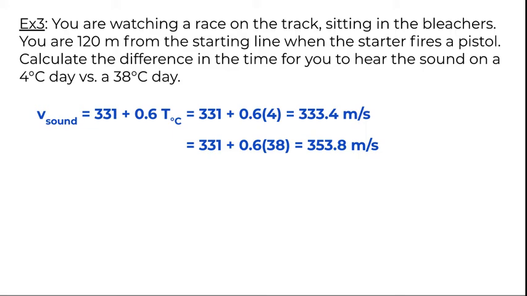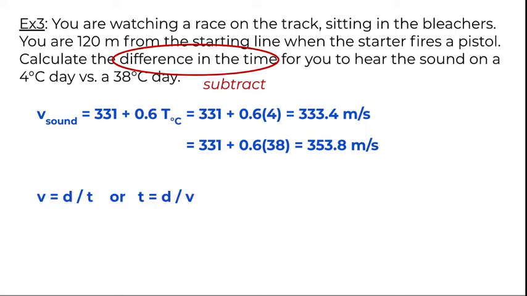We're going to need to look at the difference in the times. So we'll calculate the times for each of these speeds individually, and then we'll subtract to find the difference. Let's use the old formula for speed, distance over time, since this problem is not dealing with frequencies or wavelengths.